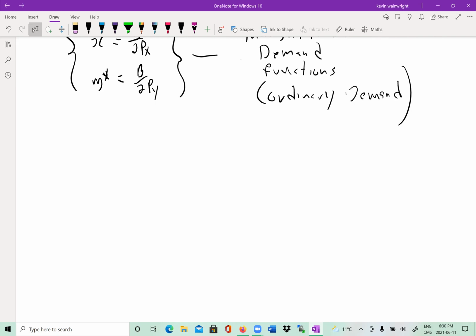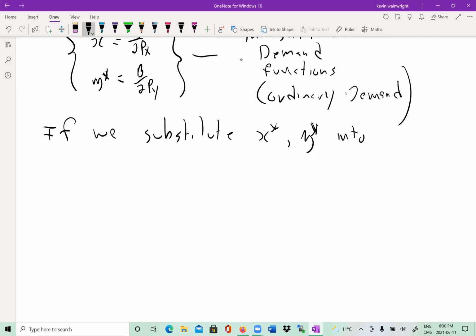Okay. Now, if we substitute X star and Y star into the utility function, we know that U is equal to X times Y. So then we get B over 2px times B over 2py.